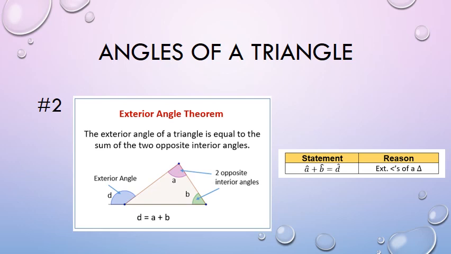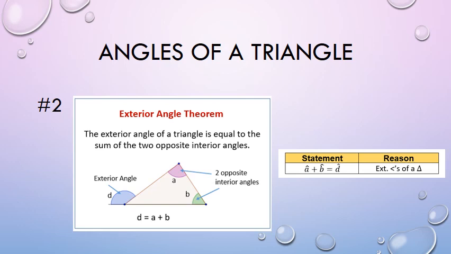All right, let's have a look at the next reason that we can use, the next special angles that are formed with a triangle. And this is what we call the exterior angle of a triangle. So in the previous slide, we looked at the interior angles of a triangle. Now we're going to look at the exterior angles of a triangle. Okay, if you look at your picture, very important: that line that comes from D over there has to be a straight line that is joined to the triangle.